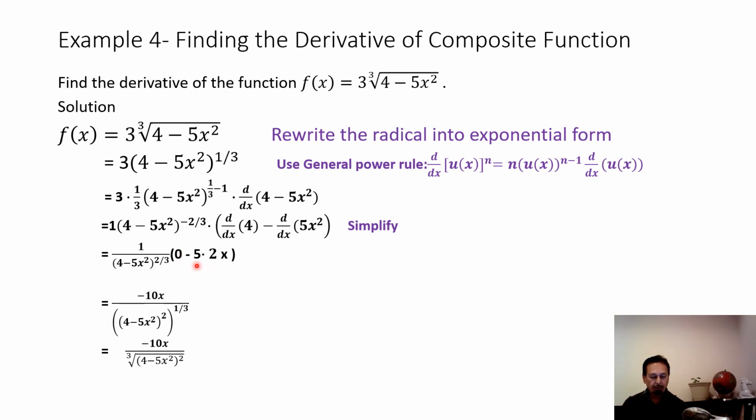Now we simplify, and this becomes negative 10x, and we rewrite 4 minus 5x squared to the 2/3 as 4 minus 5x squared and to the power 1/3. So 1/3 means cube root, so it becomes cube root of 4 minus 5x squared. So final answer is negative 10x over cube root of 4 minus 5x squared.